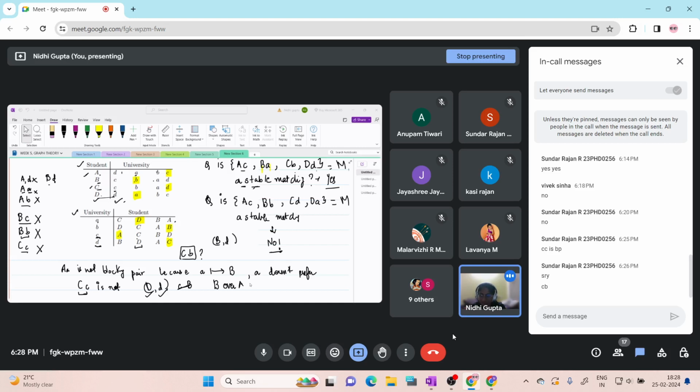Now if you look at University B, it is getting student C, and earlier University B was getting student B. But University B is also preferring student C over B. So University B is also happy with this new choice. So since both student C and university B are happy with this new choice, it is also a blocking pair. And since this matching has a blocking pair, it cannot be stable.